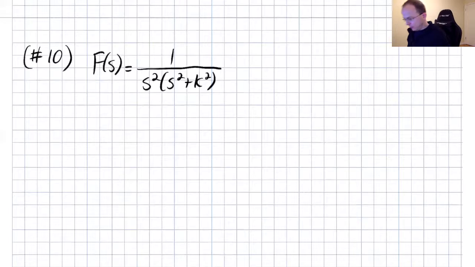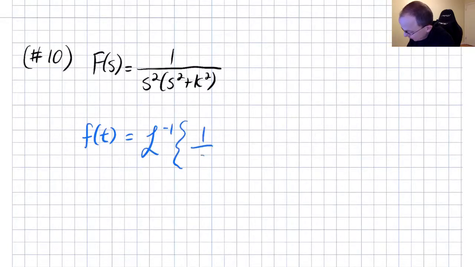Here's another one. This is going to involve that same thing, so I have to remember not to make that mistake we made before. We see that f of t is a product of transforms.